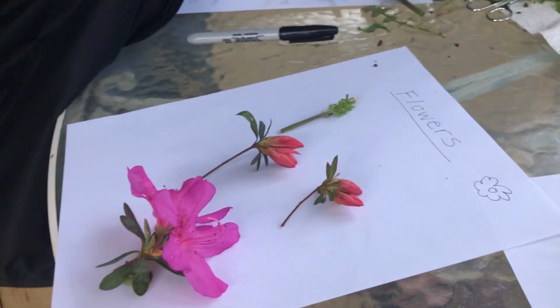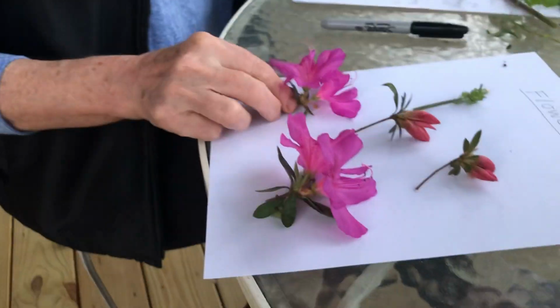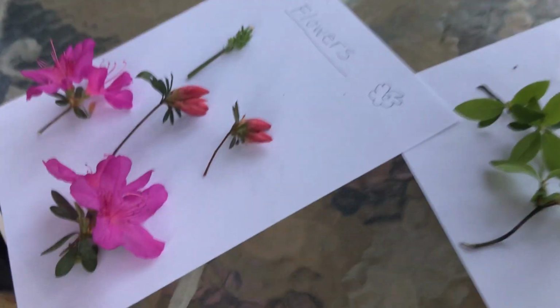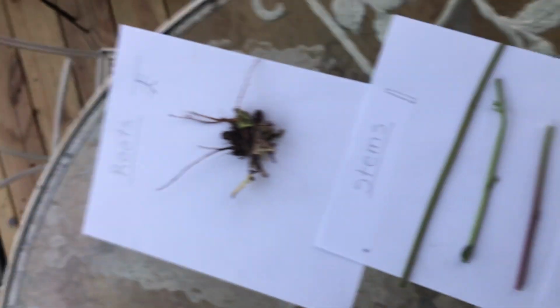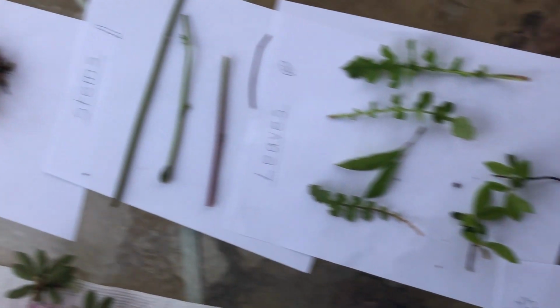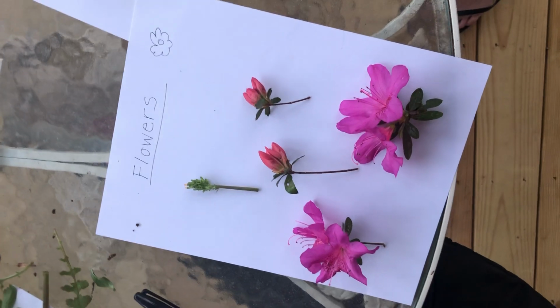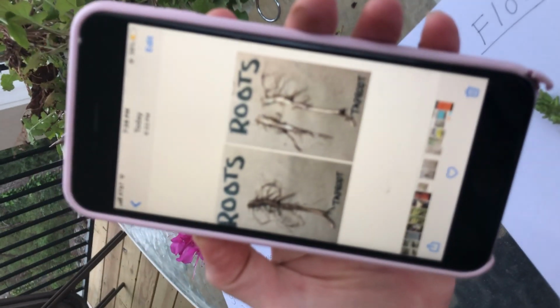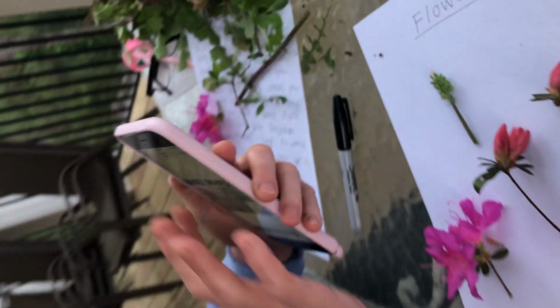Okay, so I'm picking out the things. Okay, there they are. So your job this week is to make sure you label each one as roots, stems, leaves, and flowers, and that you are able to label them and put them into categories. This is the first one, roots, right there.